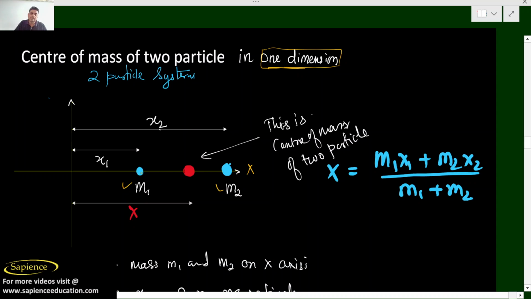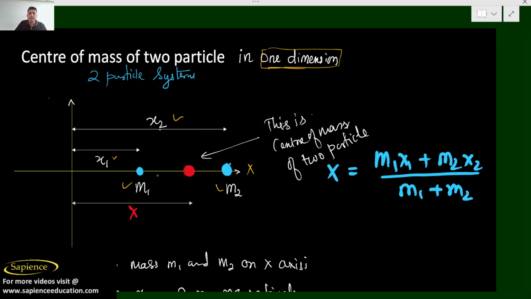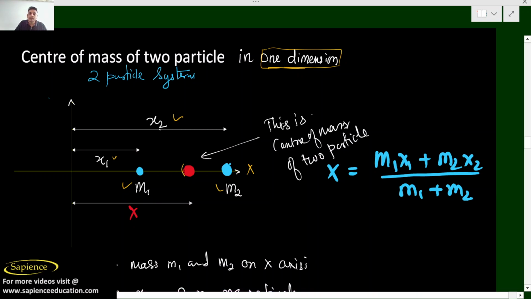So on a single axis, if m1 is at a distance of x1 and m2 is at a distance of x2, then there is a center of mass of these particles. The center of mass will be at a point in the middle between these two. This red color is the center of mass, situated at a distance of x.